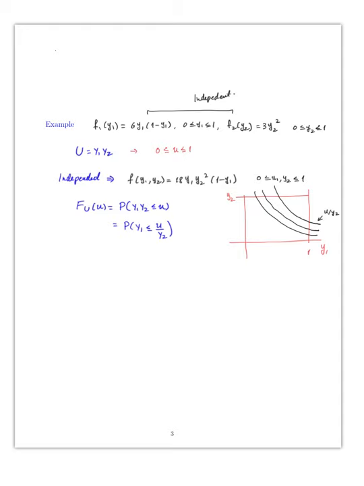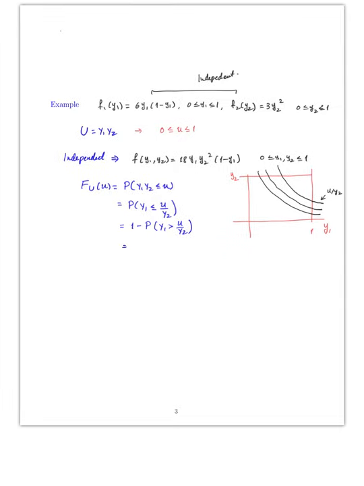Now it's going to be easier to integrate the following. The opposite of this is obviously this, because remember the probabilities have to add to 1. So this is the same thing as 1 minus the double integral of 18 y1 y2 squared times 1 minus y1 dy1 dy2.